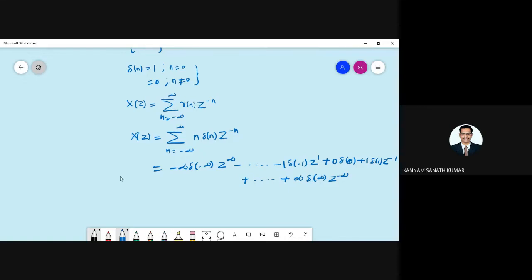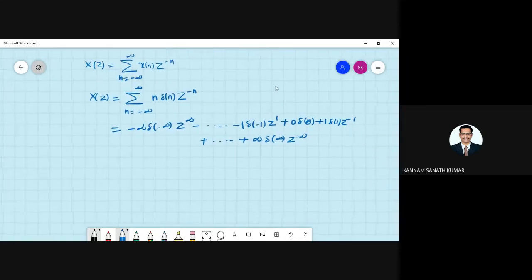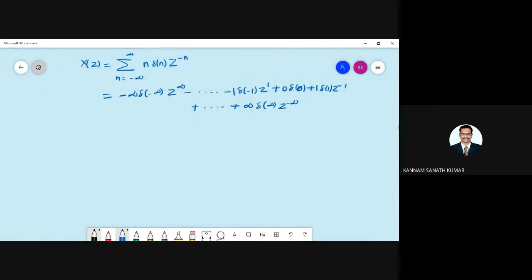Okay, so that means I expanded this summation.